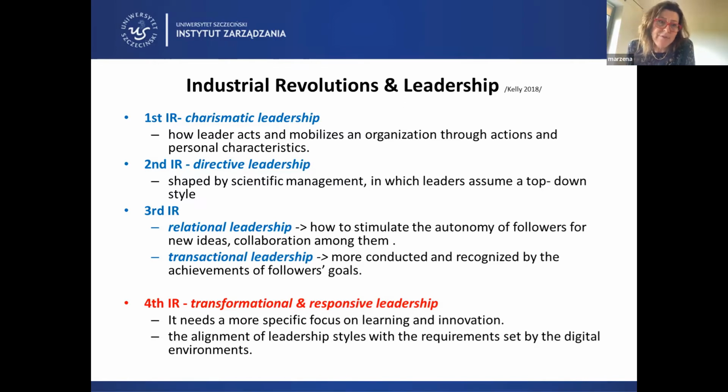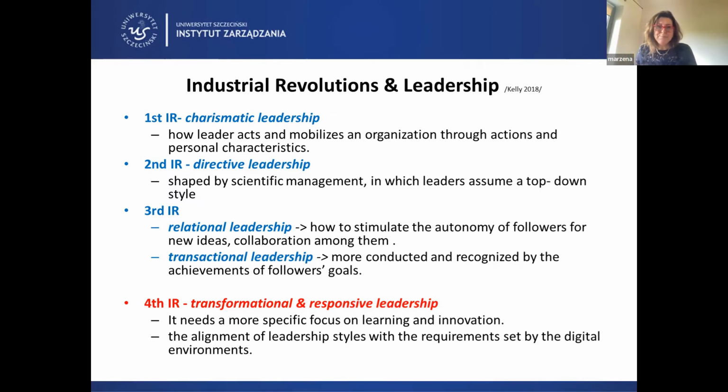And now we have the fourth industrial revolution. It is very difficult to say what will be the main leadership style, because we are at the beginning, but now we know some requirements. So it should probably be transformational and responsive leadership, which is focused on learning and innovation.